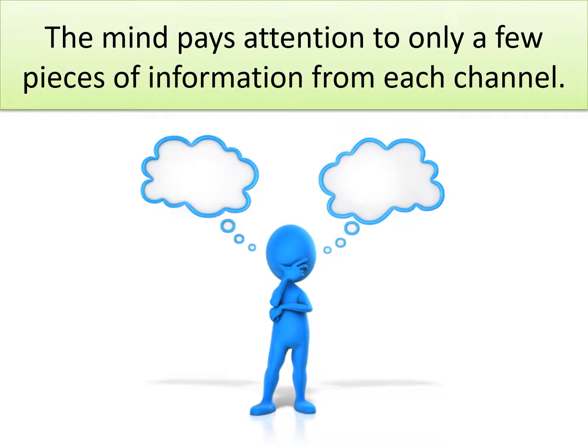Now next, we're going to talk about how the mind pays attention to only a few pieces of information from each channel. This is known as the concept of limited capacity. People are only capable of holding a few images in the visual channel and a few narrated words in the verbal channel at any one time.